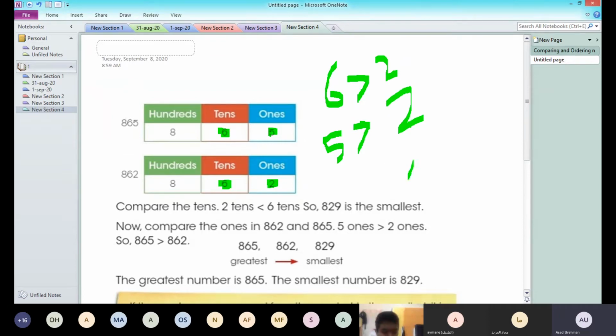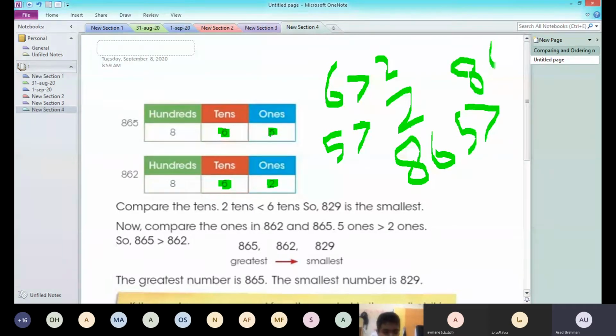That means 865 is greater than 862. Okay, now what we have to do is arrange the numbers from greatest to smallest.